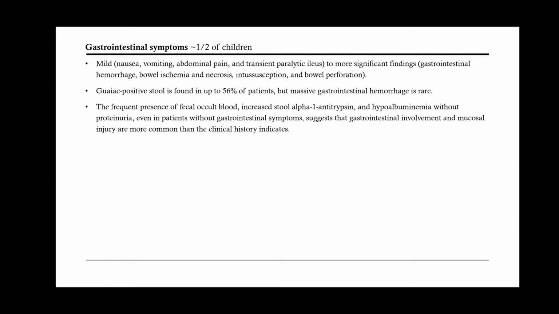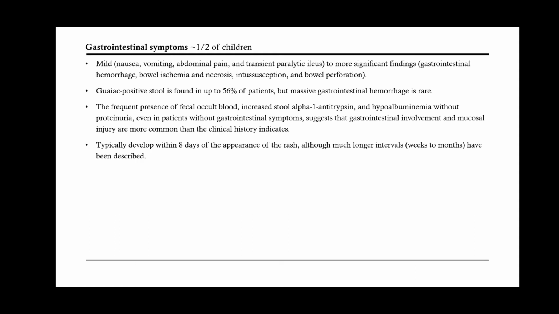The frequent presence of fecal occult blood, increased stool alpha-1 antitrypsin, and hypoalbuminemia without proteinuria, even in patients without gastrointestinal symptoms, suggests that gastrointestinal involvement and mucosal injury are more common than the clinical history indicates.